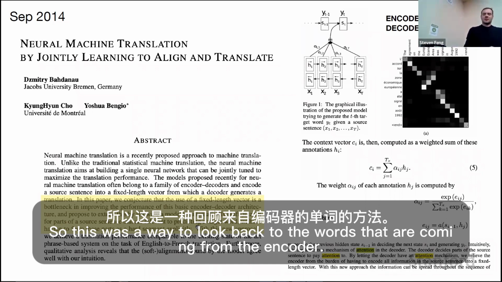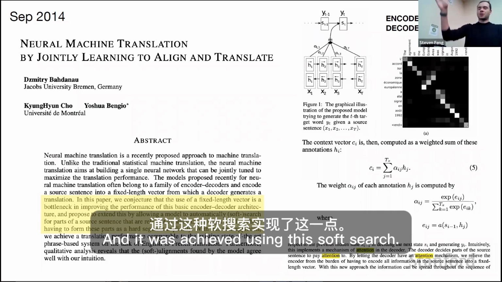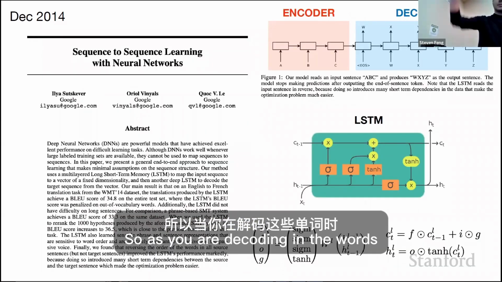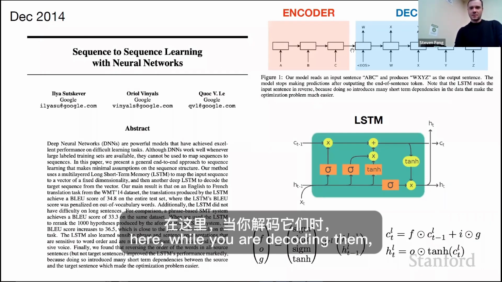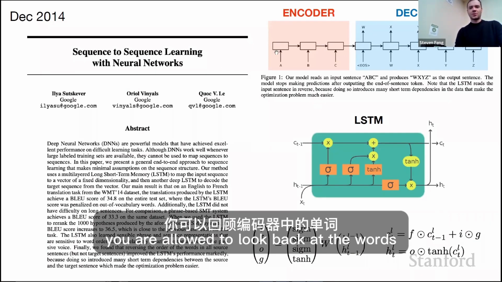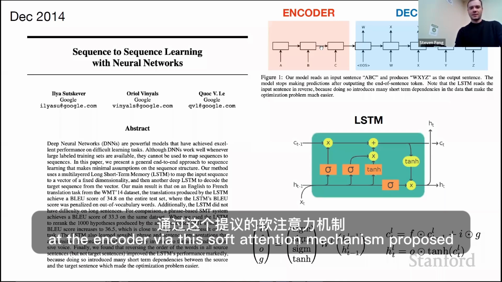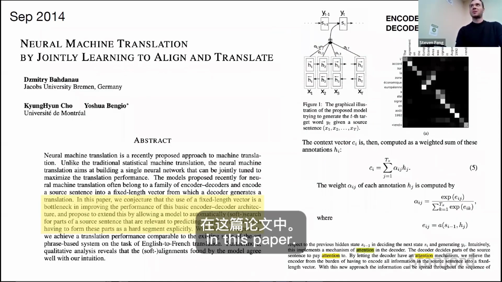So this was a way to look back to the words that are coming from the encoder. And it was achieved using this soft search. So as you are decoding the words, while you are decoding them, you are allowed to look back at the words at the encoder via this soft attention mechanism proposed in this paper.